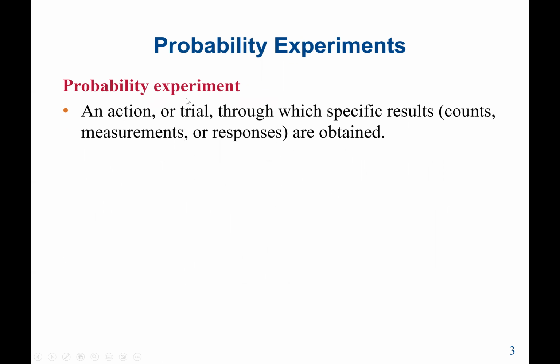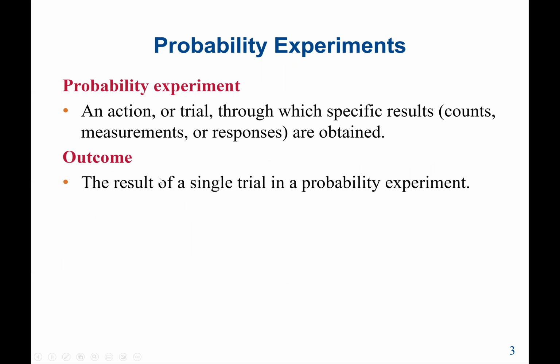First, we start with the probability experiment. It's an action or a trial through which specific results, such as counts, measurements, or responses, are obtained. An outcome is the result of a single trial in a probability experiment.